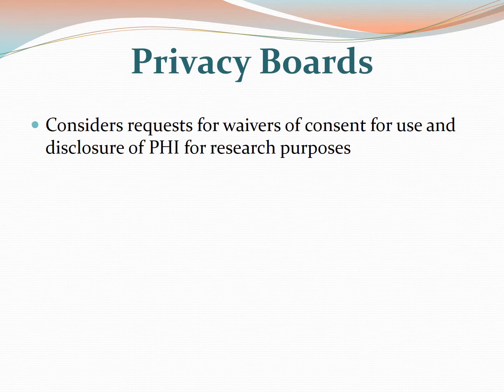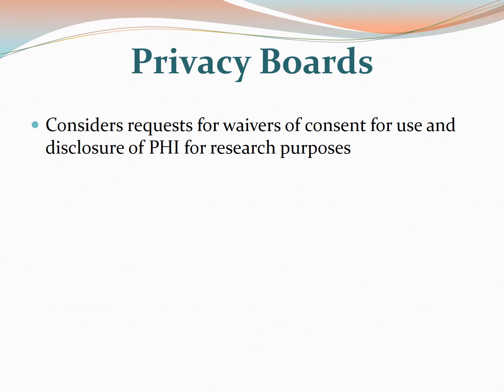So let's talk a little bit about privacy boards. Privacy boards are put together to consider requests for waivers of consent for use and disclosure of PHI for research purposes. An IRB can make that decision. You can go to your IRB and request a waiver of consent.